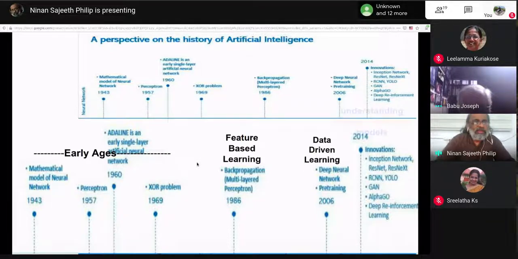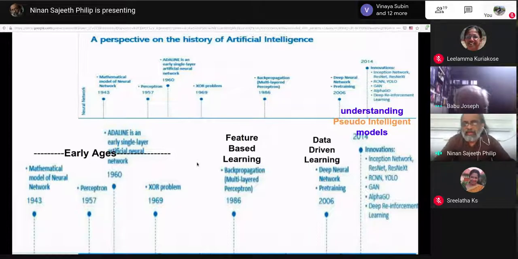And the latest in the series is the understanding models, and it's a name that I coined here. I have not seen it used anywhere else. But these are pseudo-intelligent machines. What they do is that they are trying to understand the scenario and trying to develop new things based on their understanding.